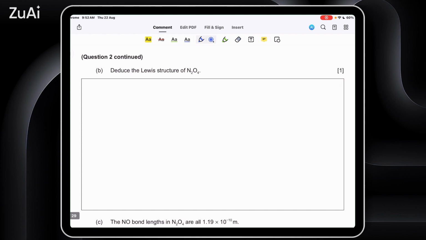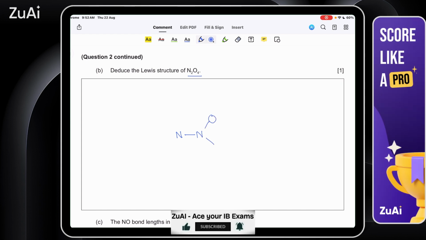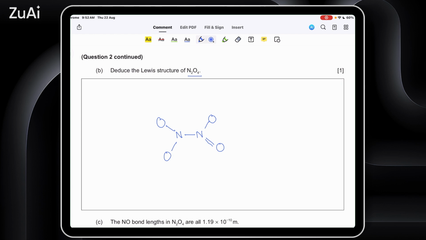Draw the Lewis structure of N2O4. So you have to make nitrogen, and then oxygen. There are 4 oxygen. So these are the oxygens. So you have to make one there, double bond, one there, double bond. And now you have to make the lone pairs.